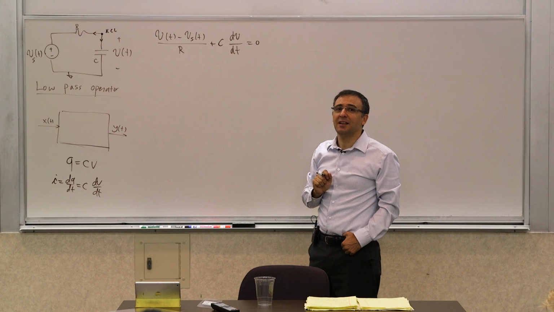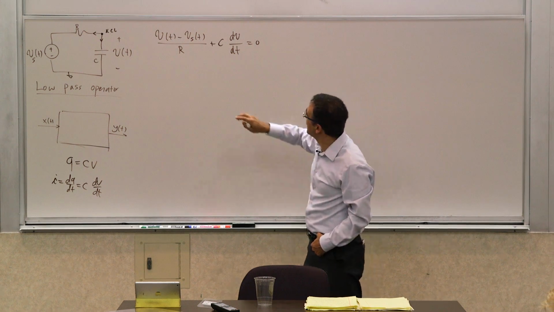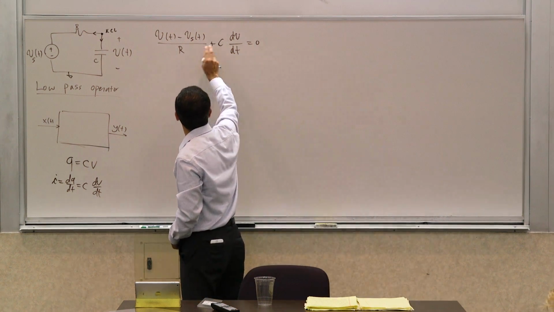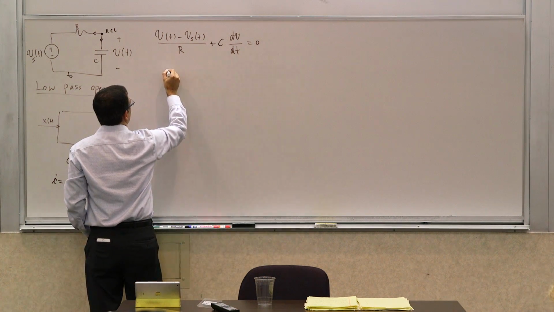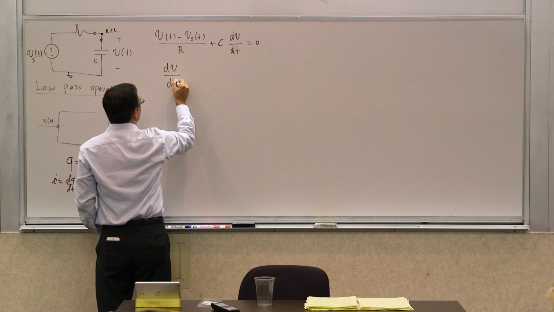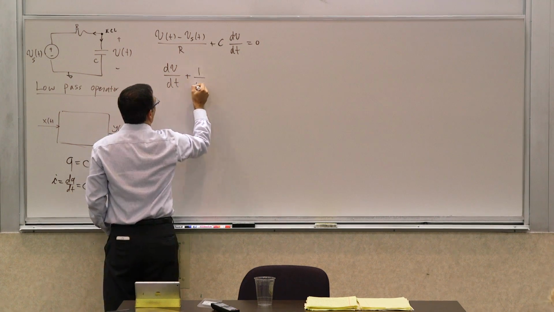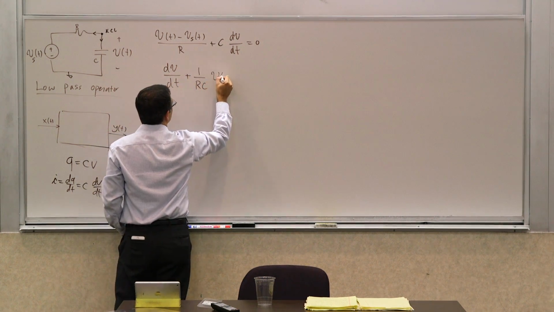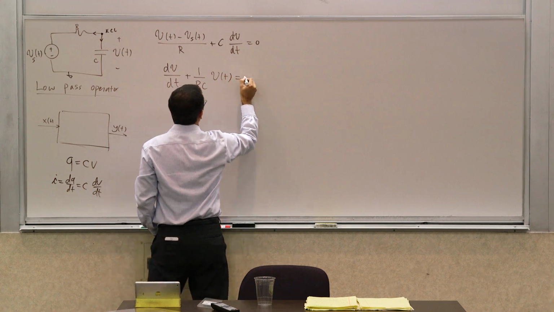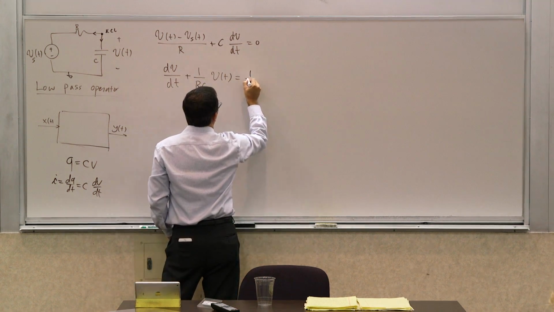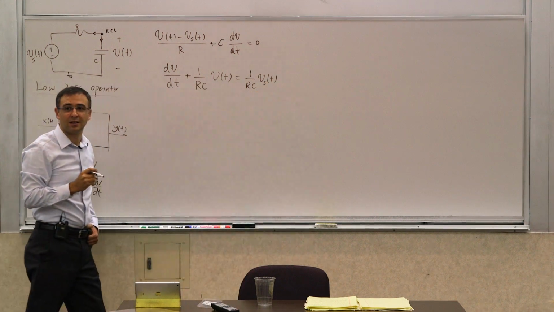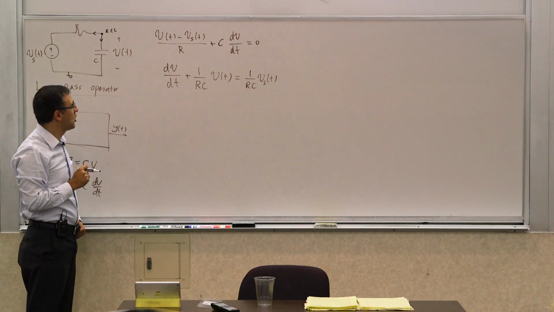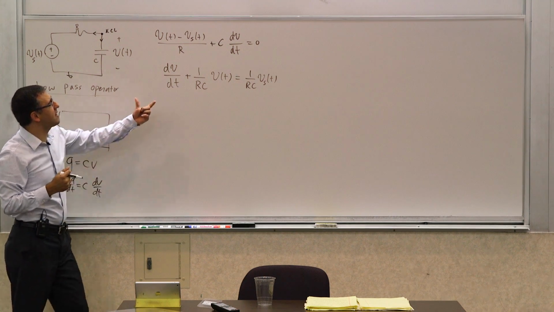Now if you want to write it in terms of a differential equation, how would you describe it? Let's say you divide both sides by C, and then I'm going to have dV/dt plus 1 over RC times V of t equals, moving this term to the other side, 1 over RC Vs of t. So now this describes it. Why did I write it this way?